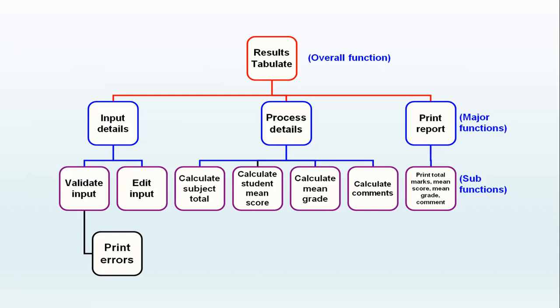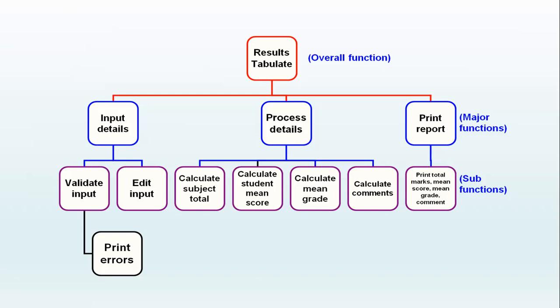While we have the print report major function being broken down further to a sub-function for printing total marks, mean score, mean grade, and the comment. In addition, the sub-functions can further be split or broken down.